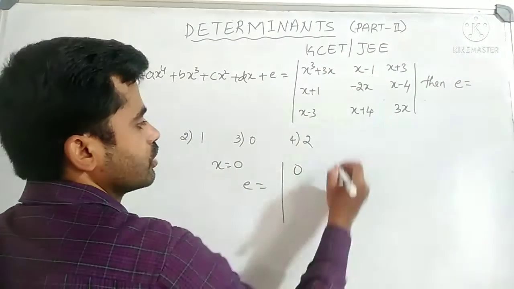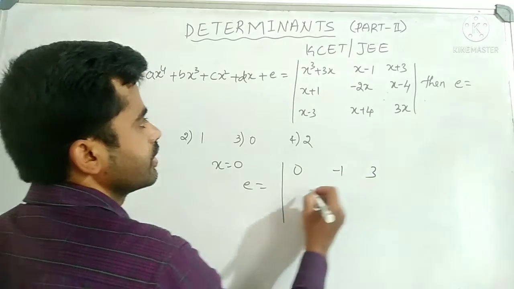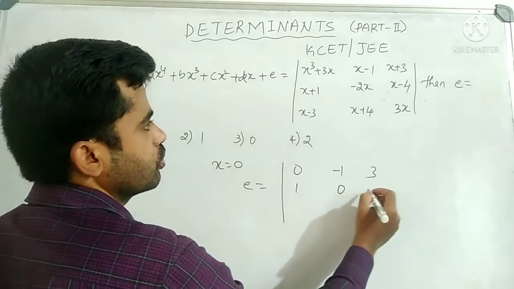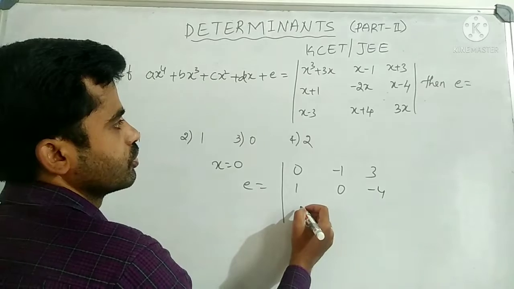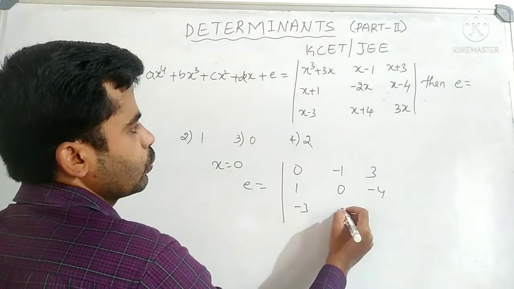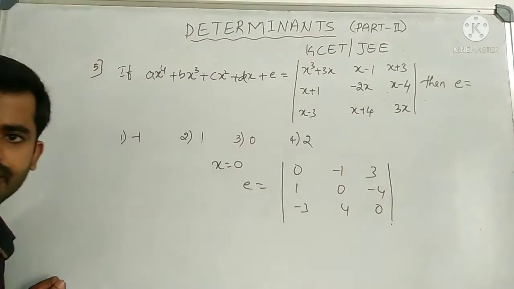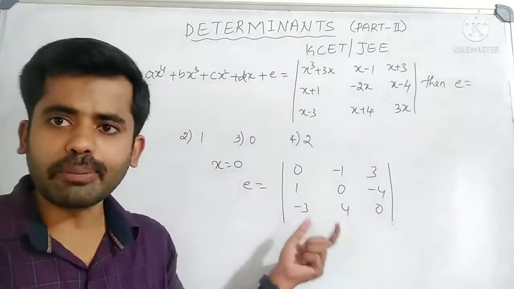x equal to 0 means 0 here, then minus 1, this is 3, 1, 0, minus 4, then this becomes minus 3, 4, 0. Okay? Look at the determinant you get.